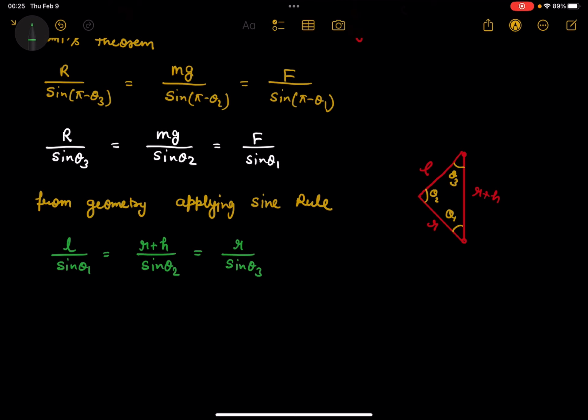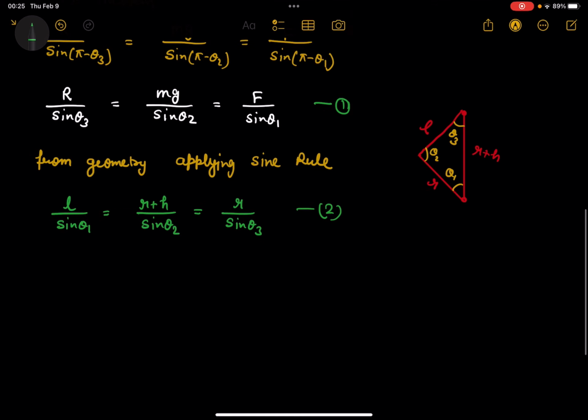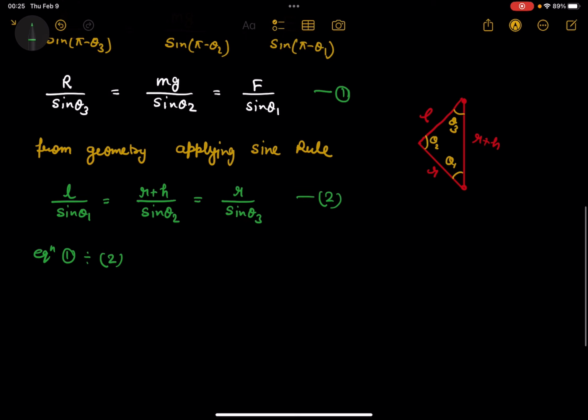My dear friends, this is equation number 1 and this is equation number 2. If we divide equation 1 by equation 2, then you can write that capital R by small r is equal to mg upon R plus h is equal to F by L.